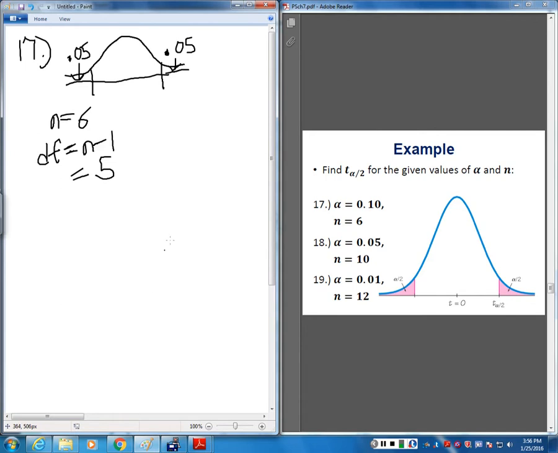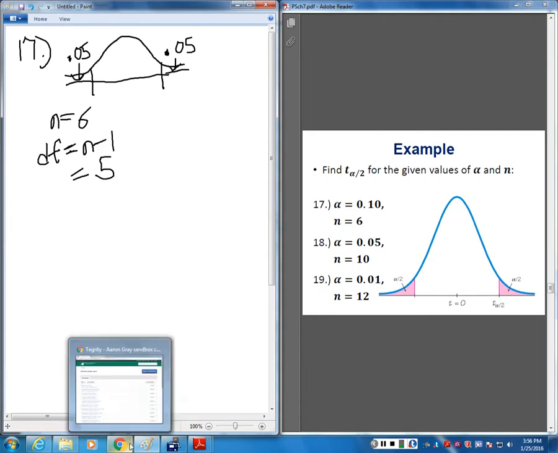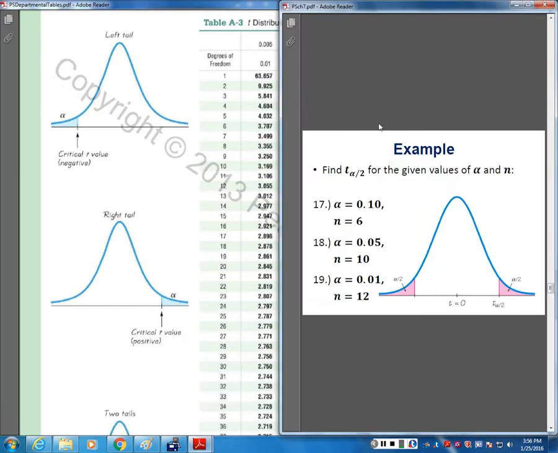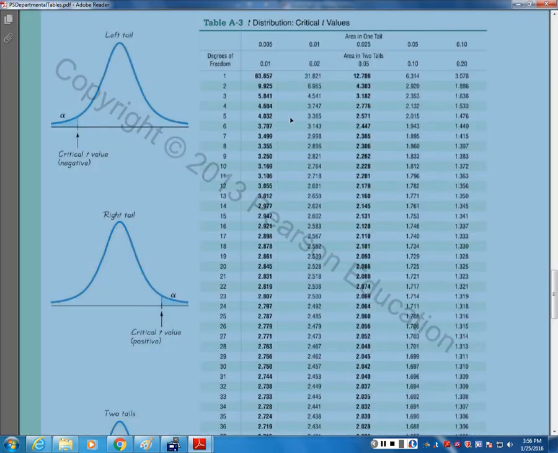Now, if I go to my tables that I use for this course, here they are. Table A3 has a t distribution critical t values chart. So I find the degrees of freedom, again that was 5, and I'll match that up with the area in one tail or in two tails. Well, the area in both tails combined was 0.10.